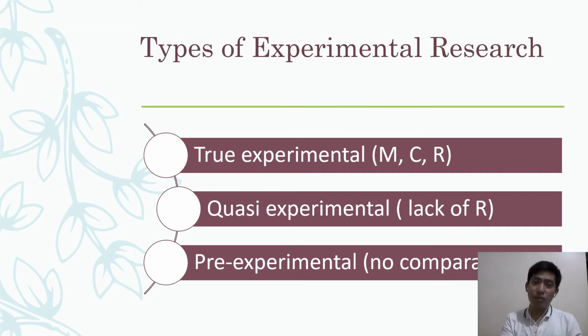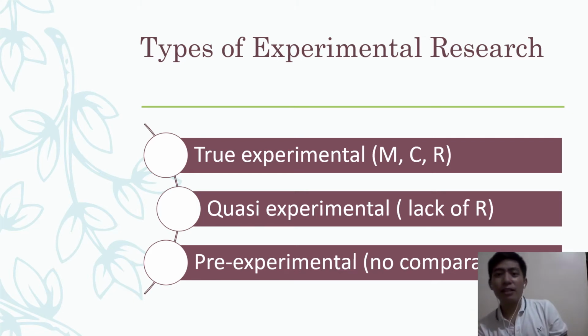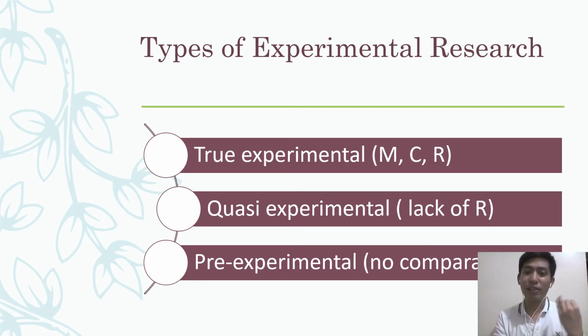There are three types of experimental research. We have true experimental research, with three components: the manipulation, the control, and the randomization. The quasi is false experimental, so we have lack of randomization.